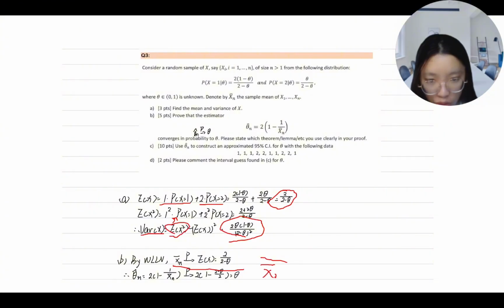The X n bar converges in probability to 2 divided by 2 minus theta.